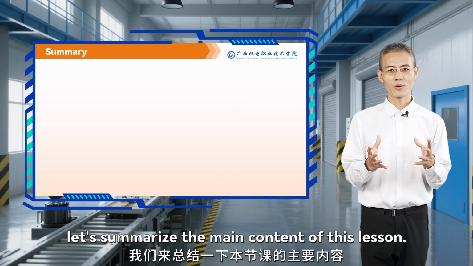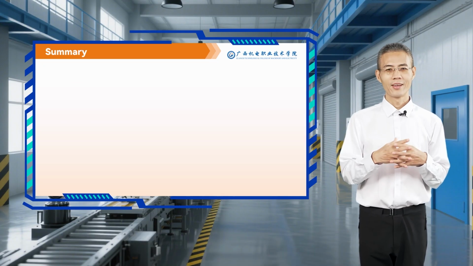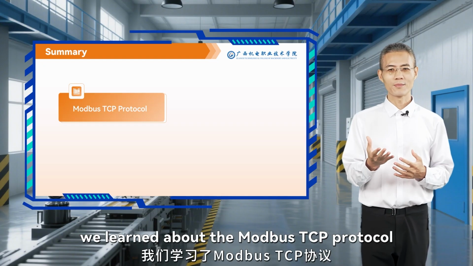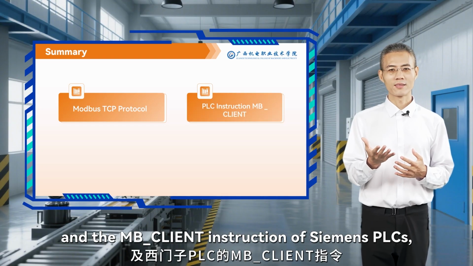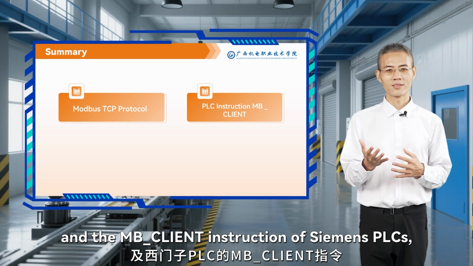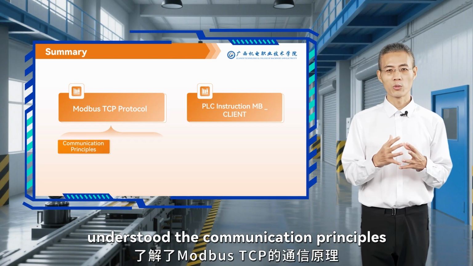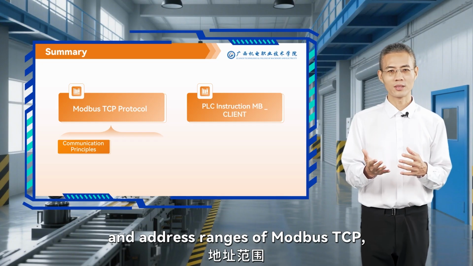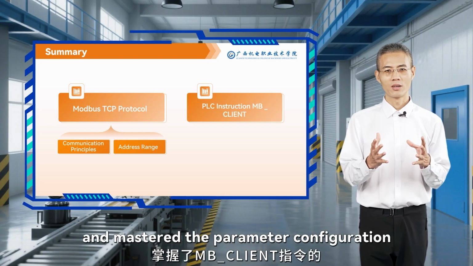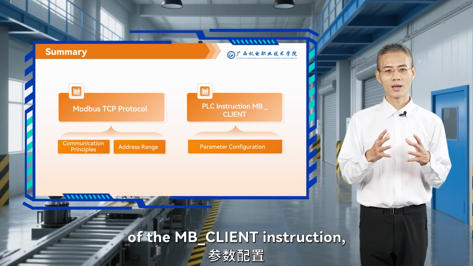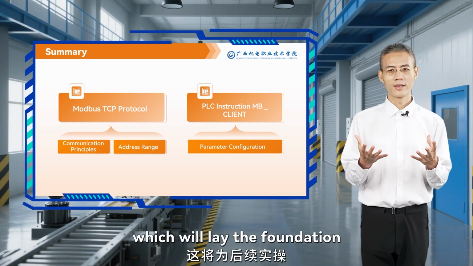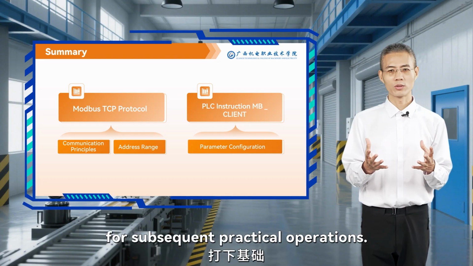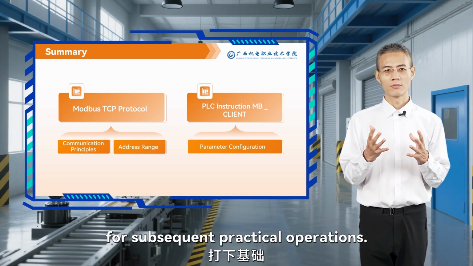Finally, let's summarize the main content of this lesson. In this lesson, we learned about the Modbus TCP protocol and the MB client instruction of Siemens PLC, understood the communication principles and address ranges of Modbus TCP, and mastered the parameter configuration of the MB client instruction, which will lay the foundation for subsequent practical operations.